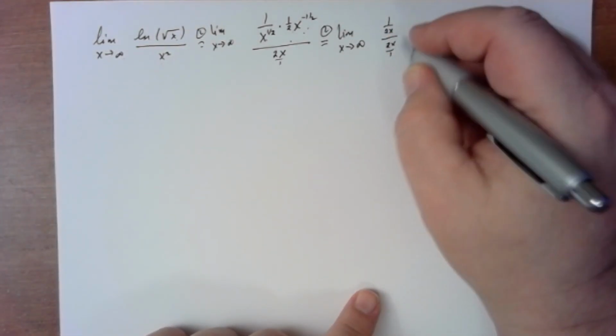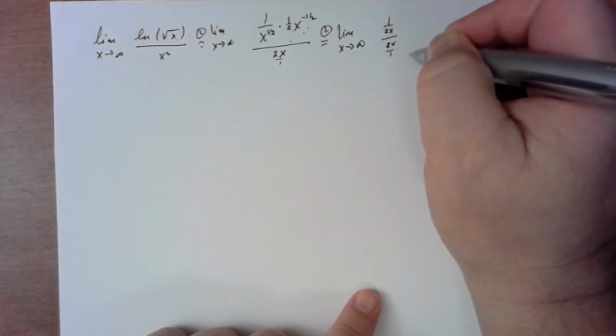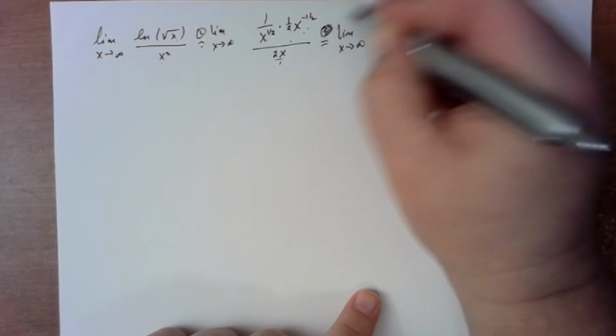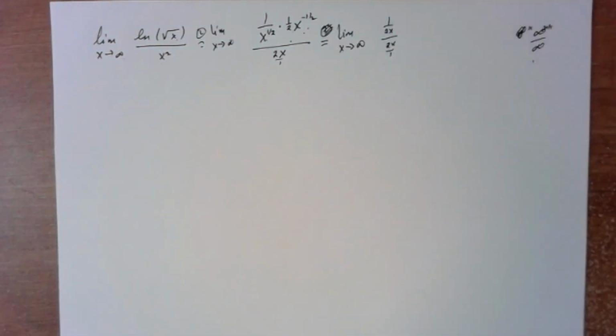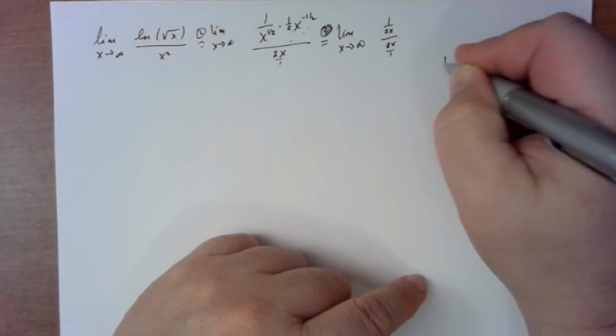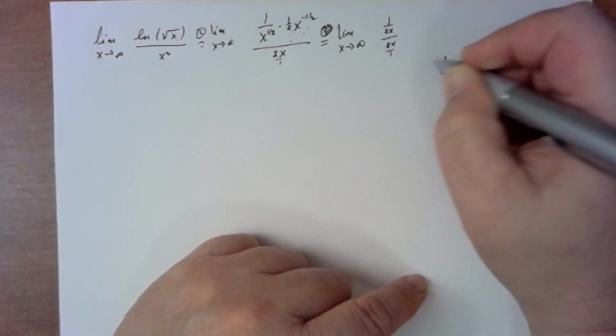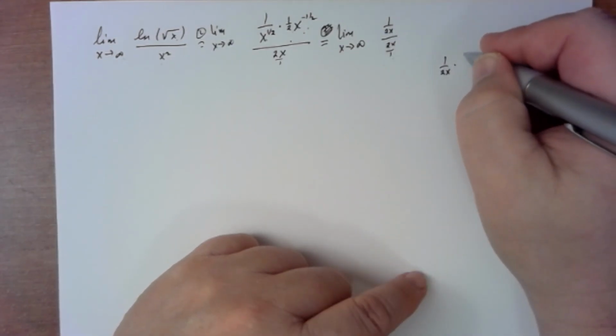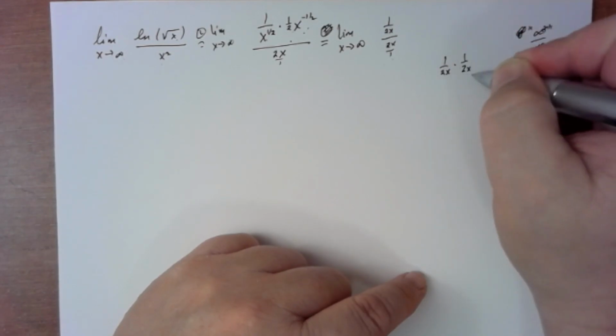Now that's not L'Hopital here, this is just algebra. And so what does that simplify to? 1 over 2x times 2x over 1 gives us 1 over 4x².